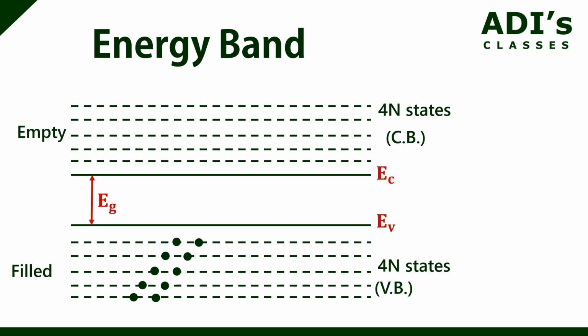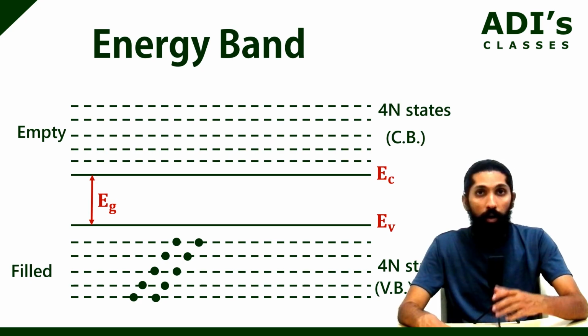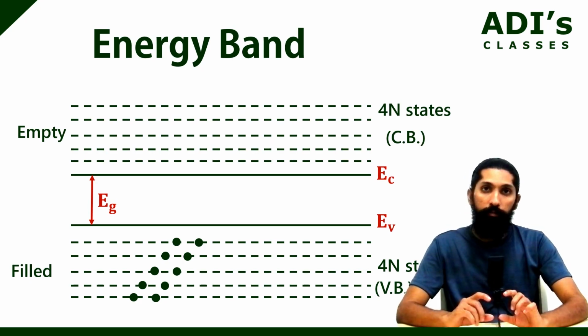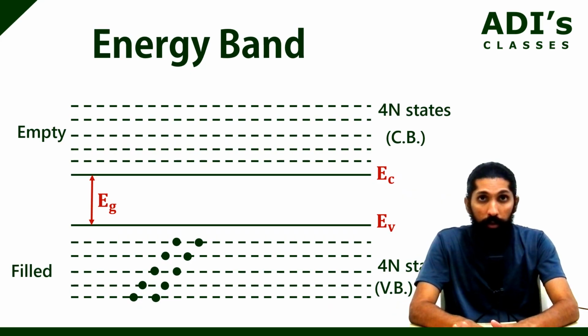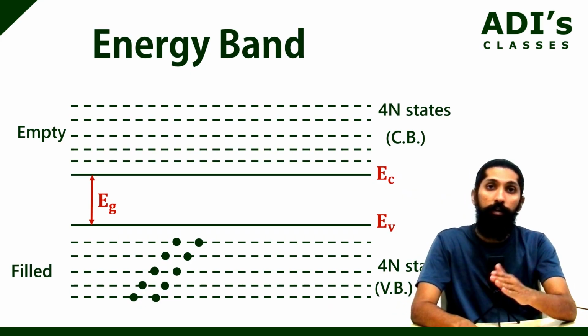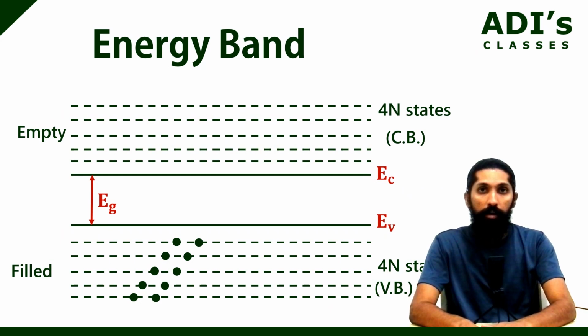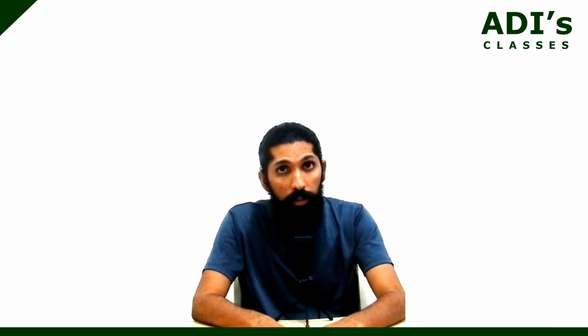Do you see that there is a gap between these two? That is called the energy gap in the material, or the energy gap between the valence band and the conduction band. Depending on this, we have different types of material: conductors, insulators and semiconductors.